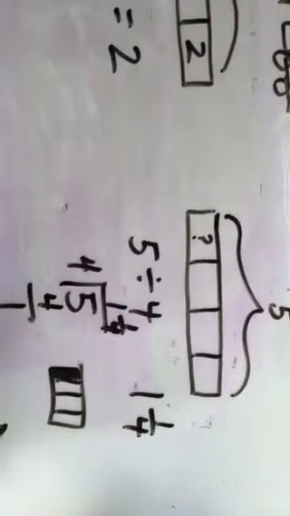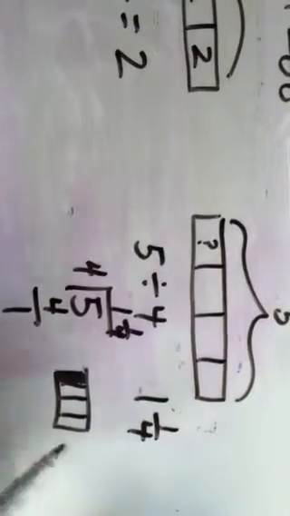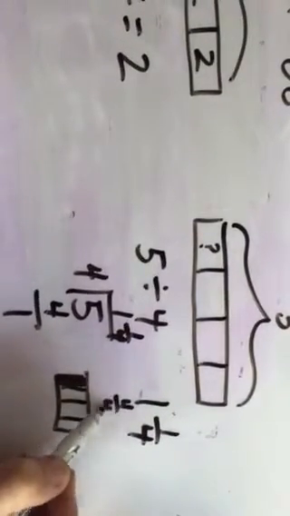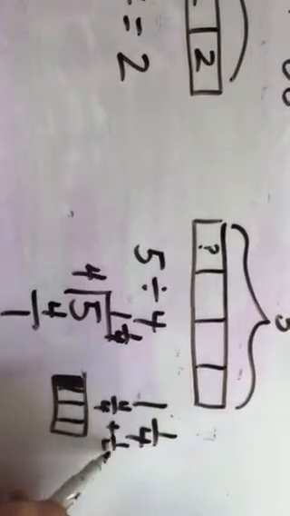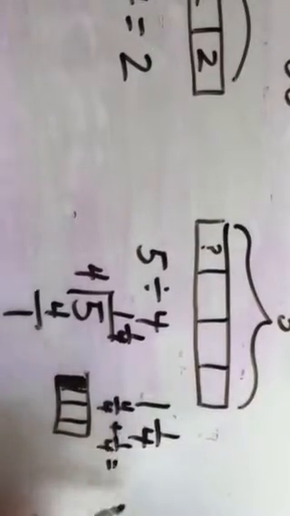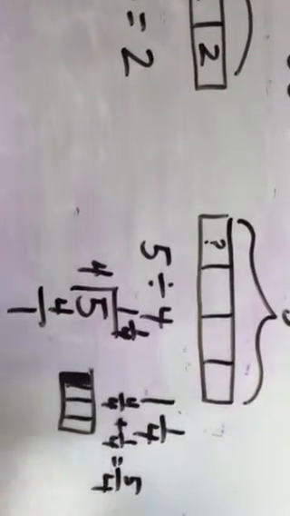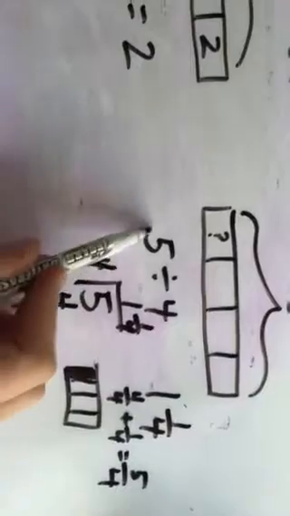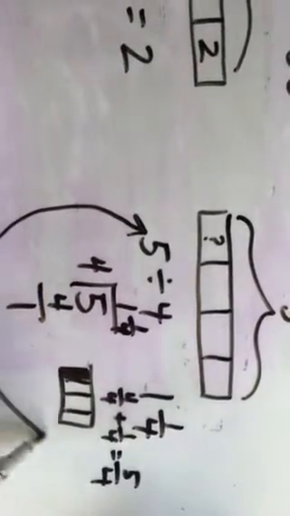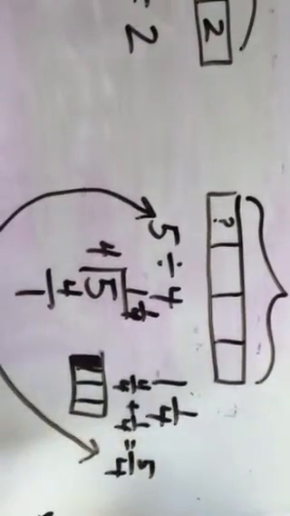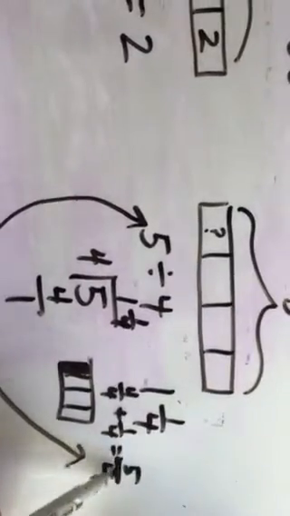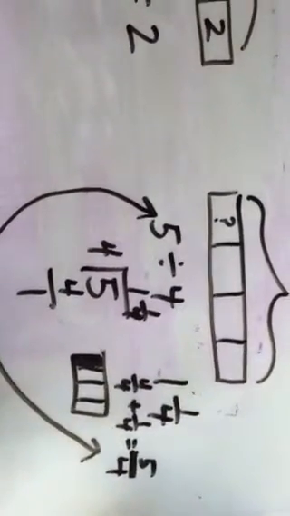Another way of saying 1 and 1/4 is that my 1 is 4/4 plus 1/4. 4 plus 1 is 5/4. Do you see this? 5 divided by 4 is the same as 5/4. We can almost think of this little line as meaning divided by. 5/4 equals 5 divided by 4.